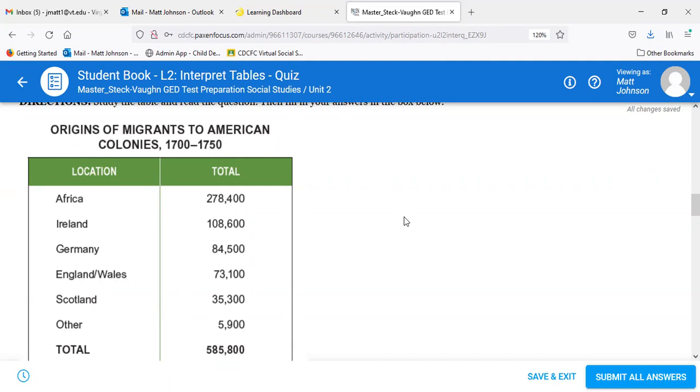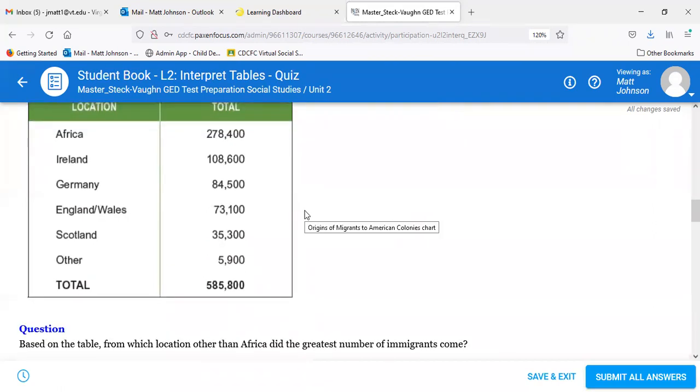So from Africa, the number of total migrants was 278,400. And from Ireland, 108,600. From Germany, 84,500. From England and Wales, 73,100.